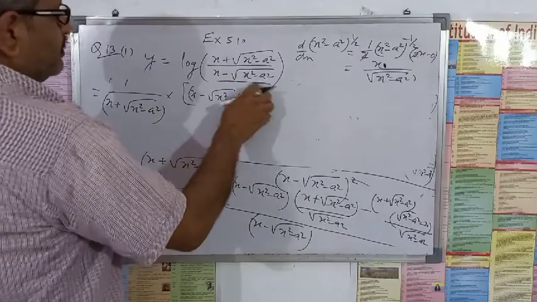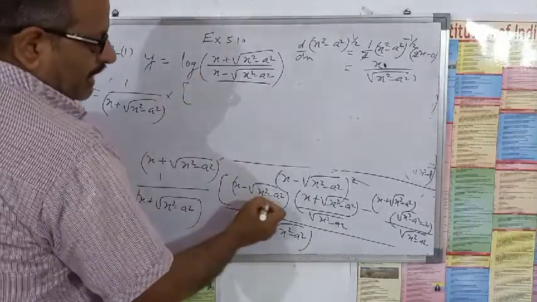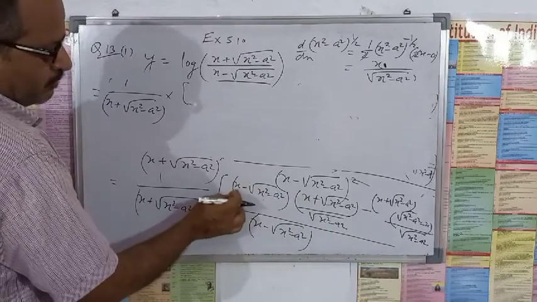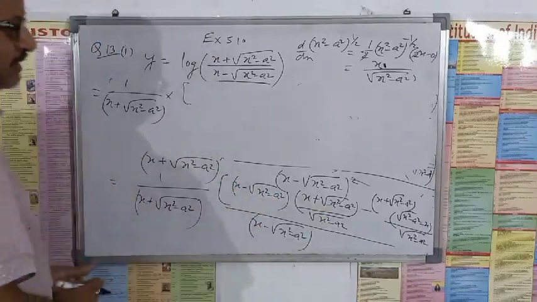We can do here one thing, multiply these two brackets. Suppose x is a, this one is b, so a minus b, a plus b.